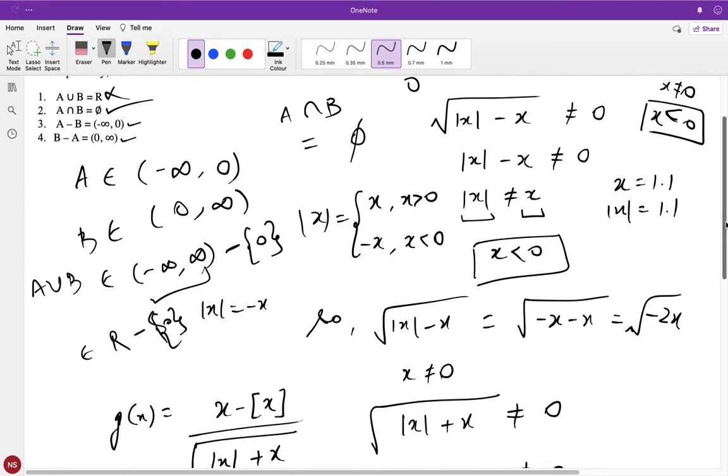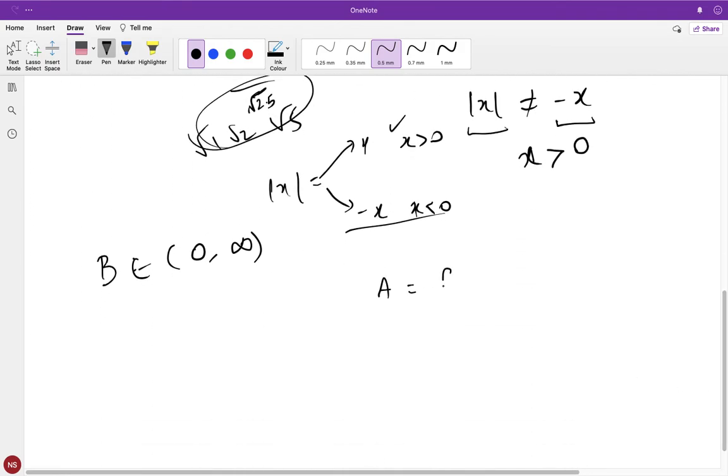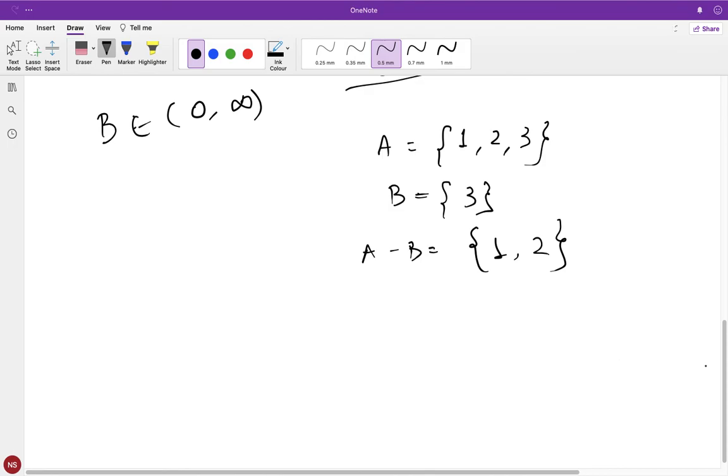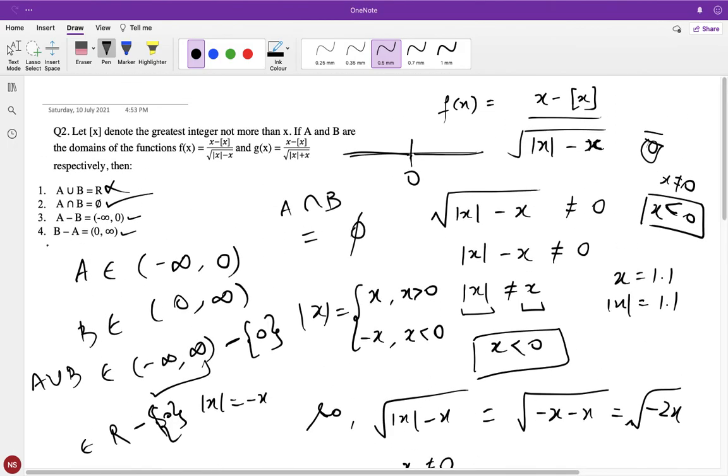When you subtract two sets, if A is equal to say 1, 2, 3 and B is equal to say 3, then A minus B is, you remove all the elements from A which are also part of B. 3 is part of B, so you remove that. So A minus B is 1 comma 2, right? So when you do A minus B, you remove all the elements of B which are common in A. All the elements of B, none of them is present in A. So A minus B is also minus infinity comma 0.